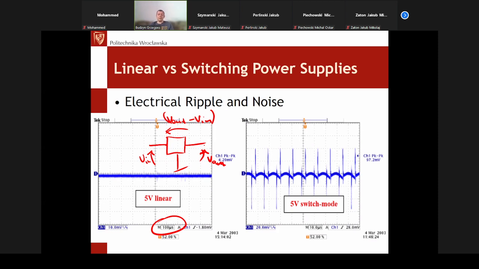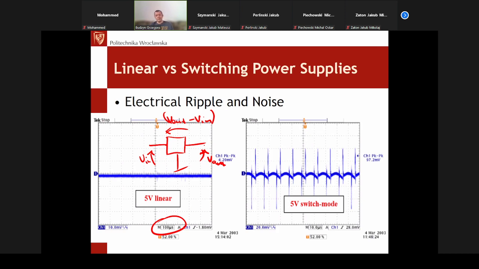That's the first problem. And the second problem about the linear regulators, so this problem can be overcome by making V in as close to V out. Yet to have this capability, we need so-called low dropout regulators.